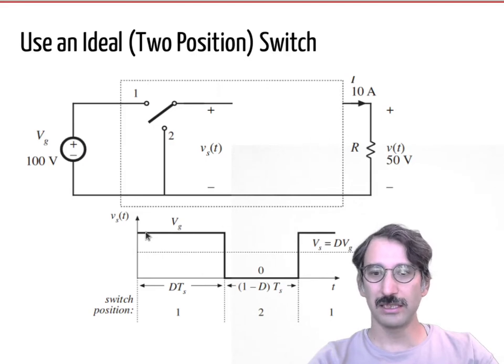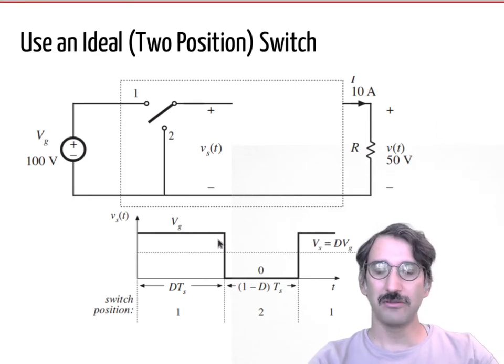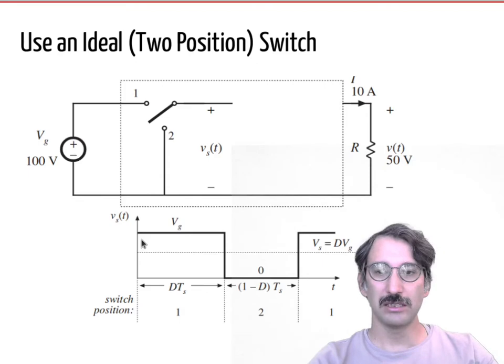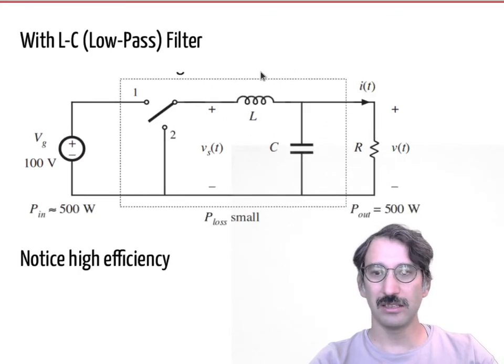So if you can adjust the duty cycle, where VG is 100 volts here, or 0 volts here, then in order to get 50 volts you can give 50% on time and 50% off time. It will not be a perfect DC output, but more or less like a square output. So you can include some filter elements in between.